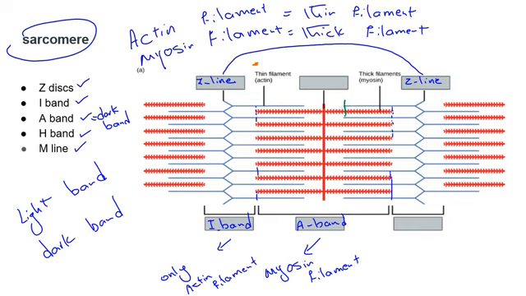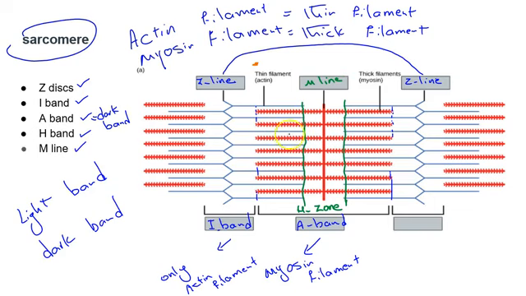Here, which is only composed of the myosin filament, that would be our H zone or H band. And the M line is located in the middle of the H zone. It holds the myosin filaments in place.